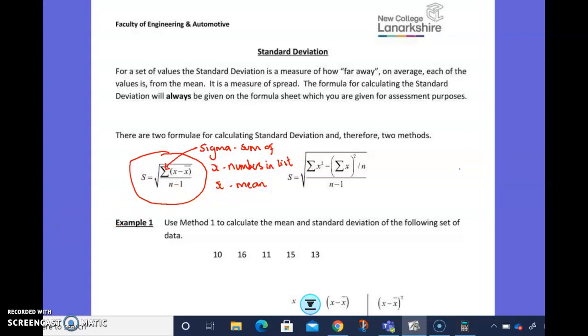That's just X with a line on top. So X with a line on top is called X bar. That is the mean. Square root sign, still your square root sign. That doesn't change. And the last thing we don't know about then is n, and n is how many numbers we've got.